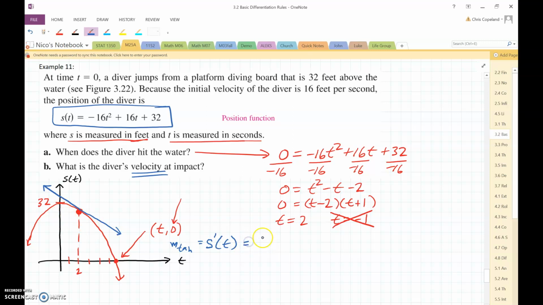So this is going to equal negative 32t plus 16 when we take the derivative of this function. And then we want to find s prime of 2, which would be negative 32t plus 16. This would be negative 64 plus 16, which is negative 48. And this would be feet per second.